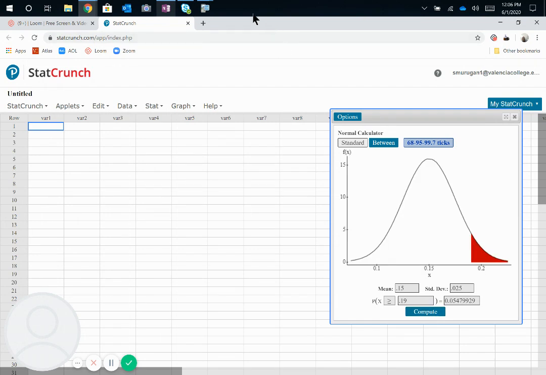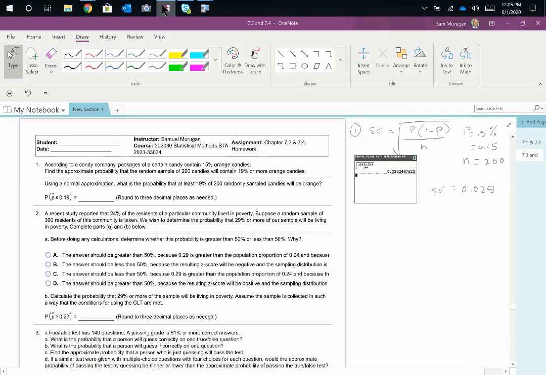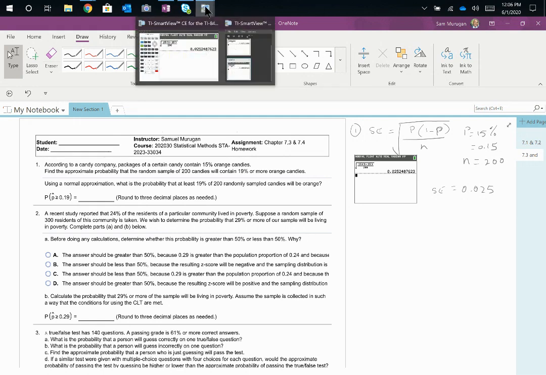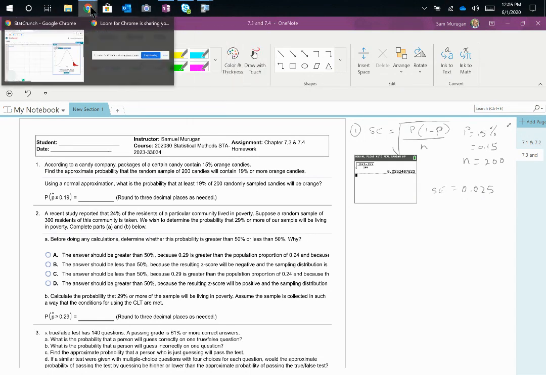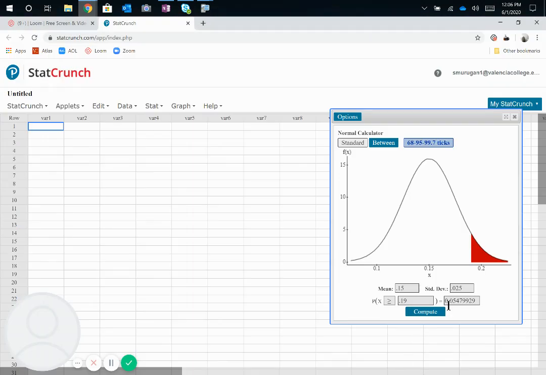Okay. If your answer is not getting corrected, you can probably go to 1 more decimal or 2 more decimals and see 0.0252 or 0.02524. Sometimes, depending on what standard error you're using, you will get to the correct answer eventually, okay? 0.025.